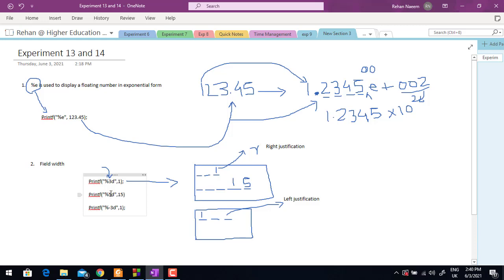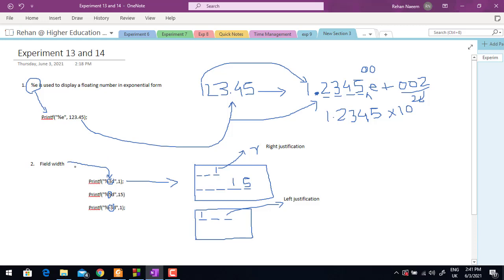So these 3, 5, minus 3 are called field width for displaying a number.